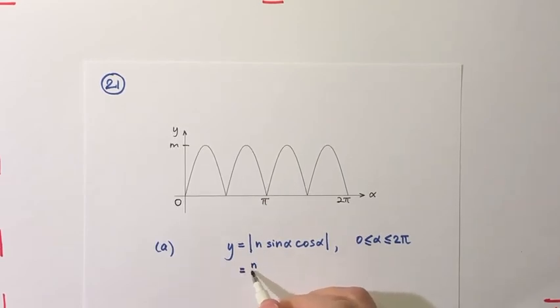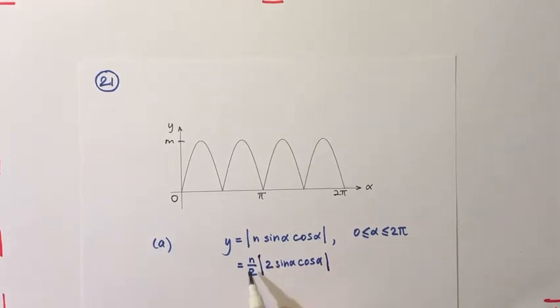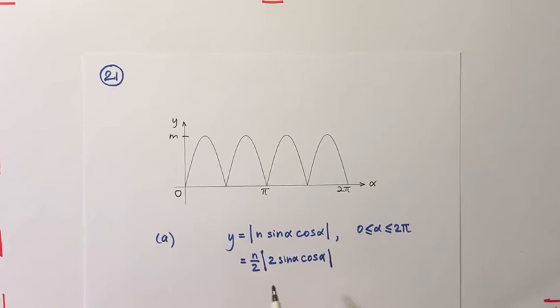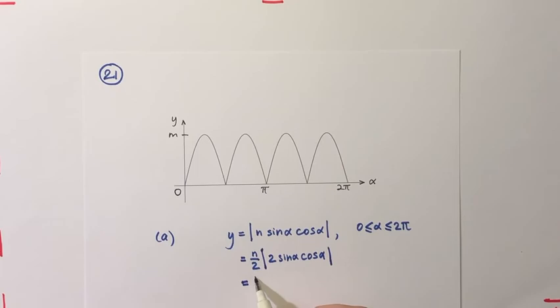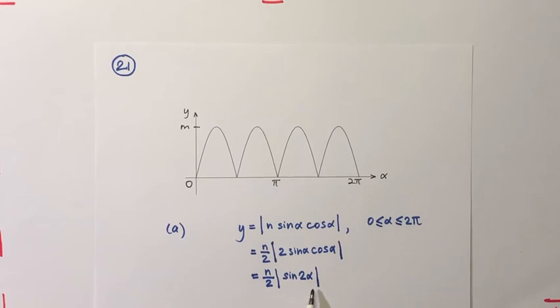The equation is mod of n sine alpha cos alpha, and this can be written as n over 2 mod 2 sine alpha cos alpha, because the constant n you can take out, and you can just factor out the 2. And we notice that 2 sine alpha cos alpha is basically sine 2 alpha, which has 2 cycles within 2 pi.